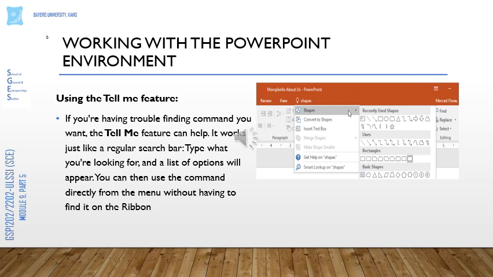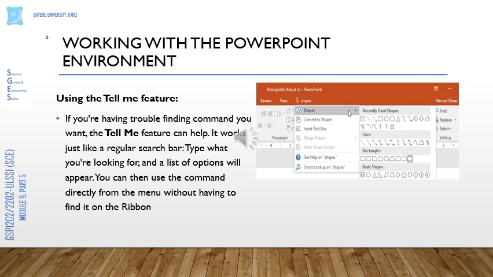Or if you click on insert table, it will show you the table and show you how to insert the table. These are part of the functions of PowerPoint's Tell Me what you want to do. If you forgot anything that you want to do in PowerPoint, this helps you remember and tells you how you're going to do it. These are some of the benefits of the Tell Me feature.